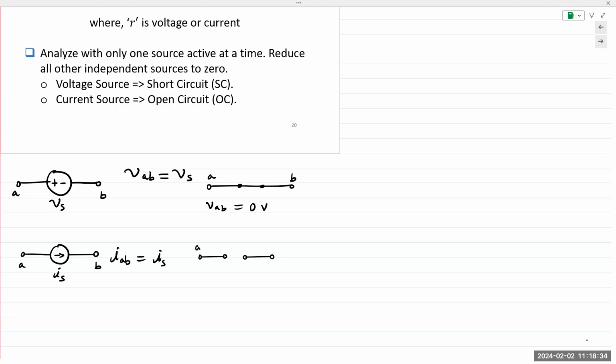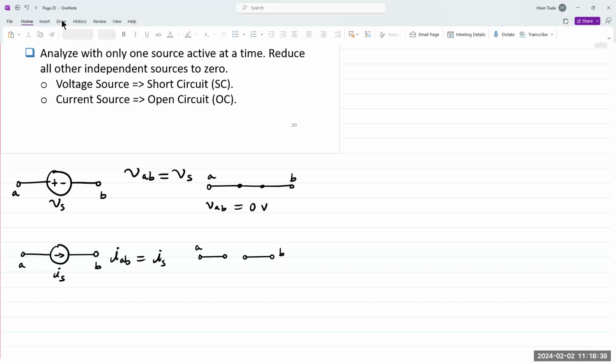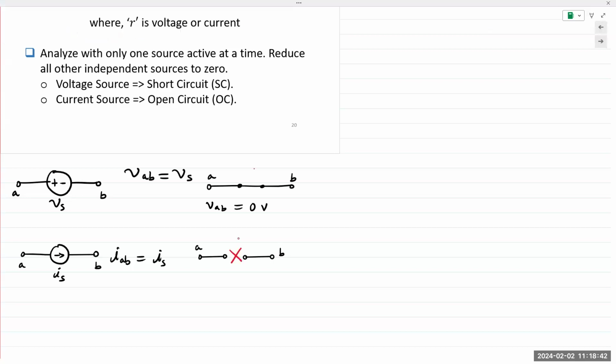And so this is A, this is B, open circuit, and this is short circuit. Replacing a current source with an open circuit simply means you take the current source out of the circuit and you just leave it open. That's it.